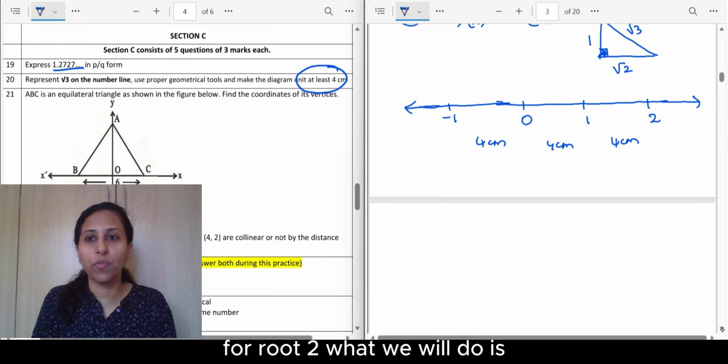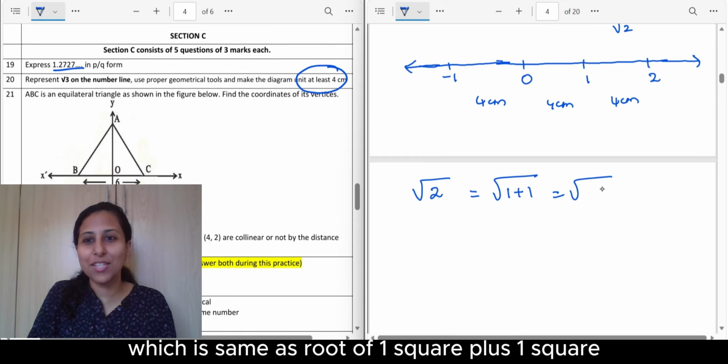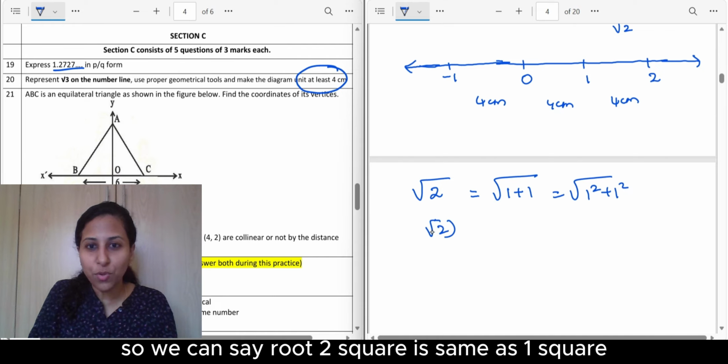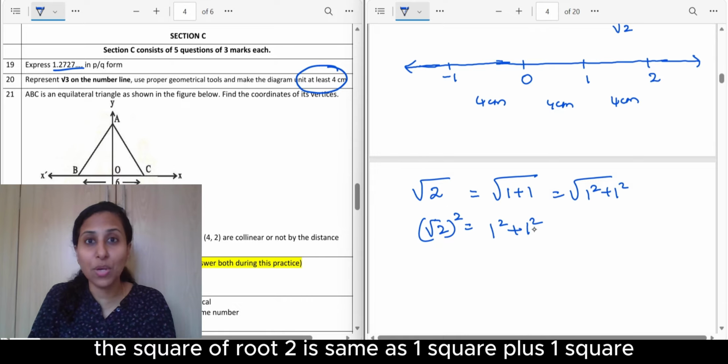For root 2, we know root 2 is the same as root of 1 plus 1, which is the same as root of 1 square plus 1 square. So we can say the square of root 2 is the same as 1 square plus 1 square.